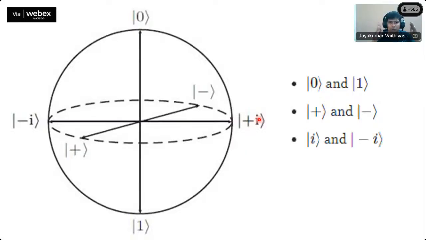Plus and minus represent the real component; your x-axis contains real components. Your y-axis contains the imaginary component. Any quantum particle can be expressed in the form of a complex number, which involves both a real component and an imaginary component.